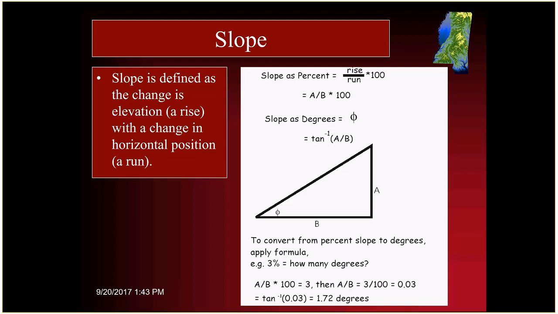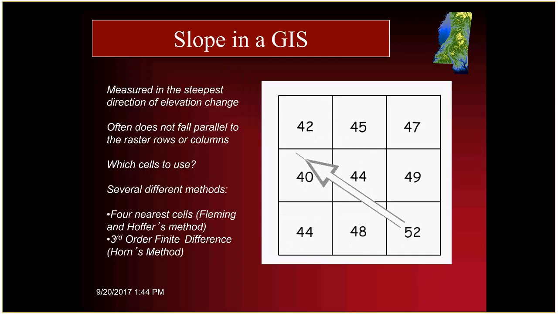But we would have to store that value right here, and the difference between this one and this one, we'd store right there. That presents a problem, because typically we want our output to always be in the same rows and columns as the input. We know the elevation is right there, so we also want the slope in that location. We don't want a different pattern for our slope values.